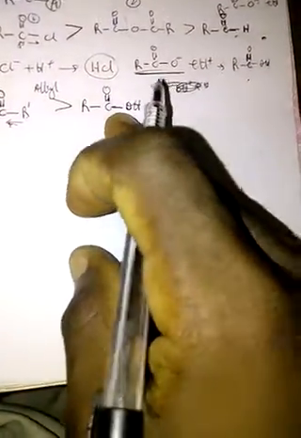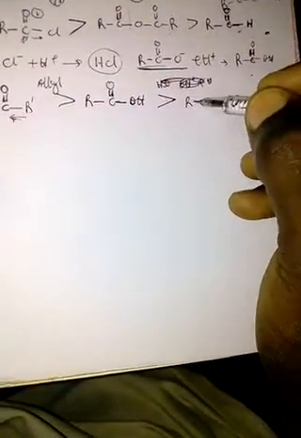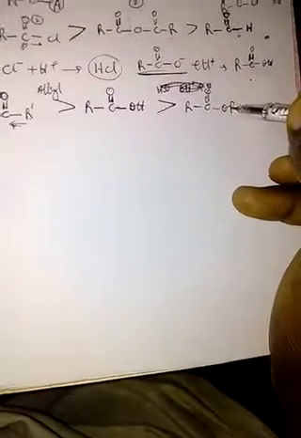This one too is somehow donating to the carbon, so making it convenient too. And followed by the alkoxy group, ROH, an alcohol. This one too is donating, making this less polar. This is very polar, followed by this, followed by this, and so on. So polarity determines the reactivity of a carbonyl compound.